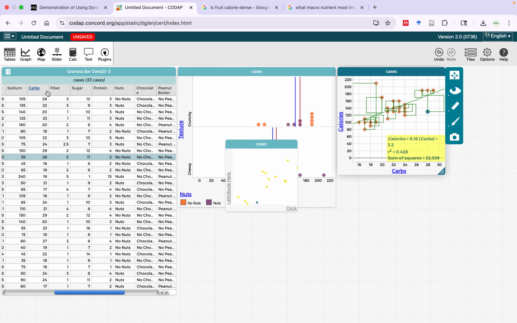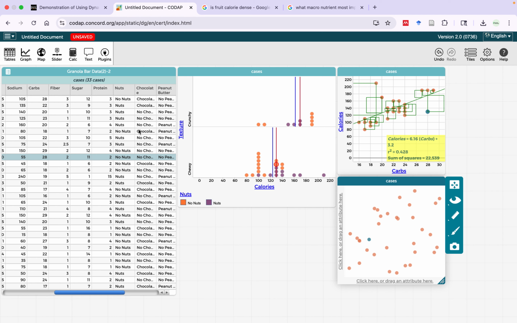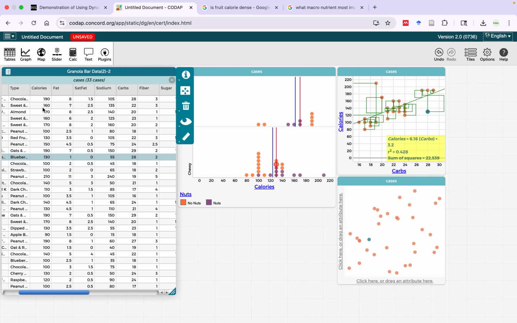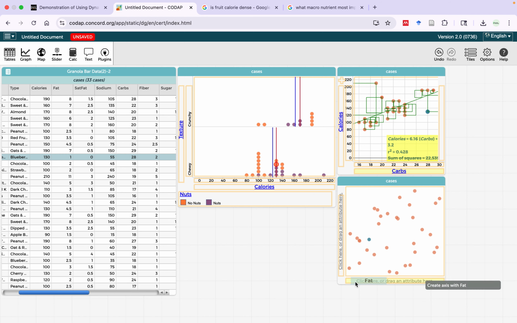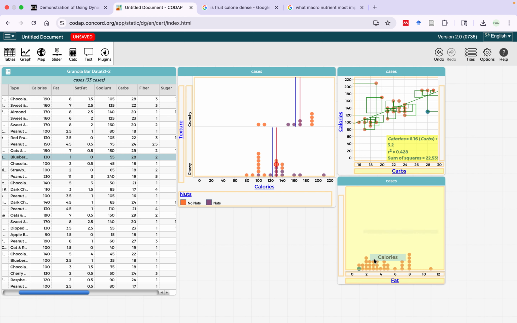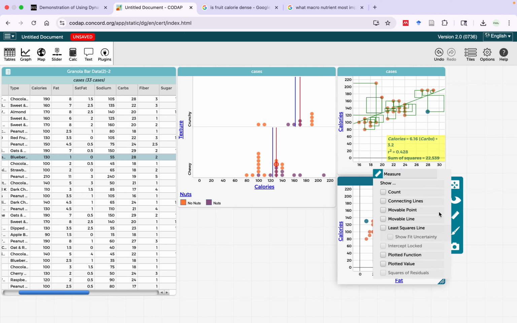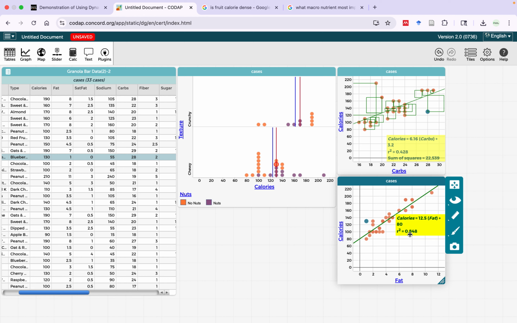Well, let's see what that looks like. Whoa, 84%. See, I don't get that. This is 84%, 42%.